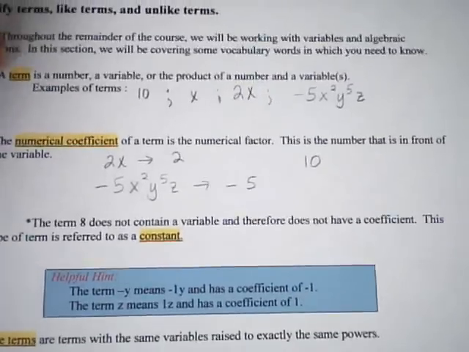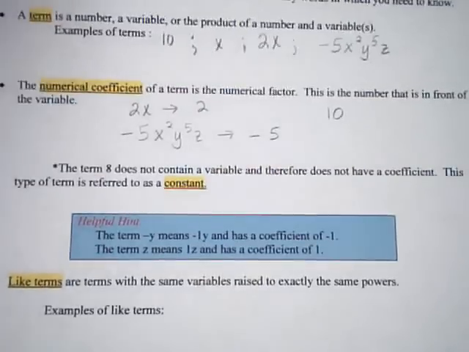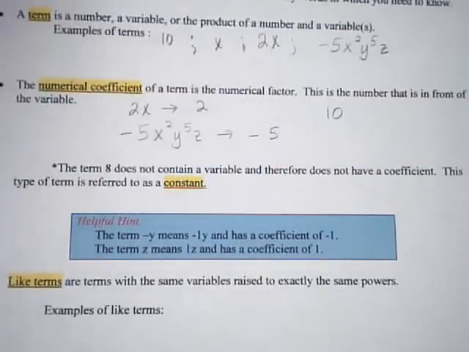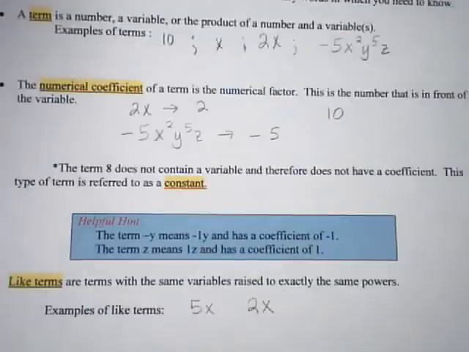When we have terms that have the same variables in them, this is what we call like terms. So like terms are terms with the same variables raised to exactly the same powers. Some examples of like terms could be 5x and 2x. They both have just an x term.